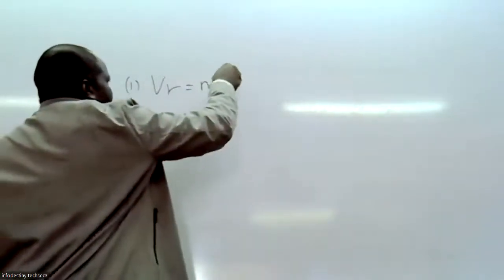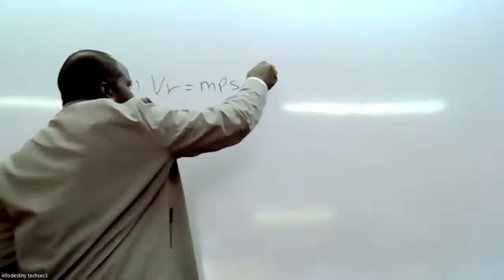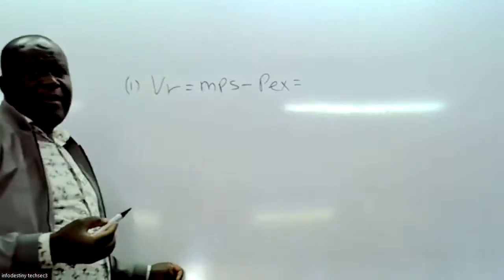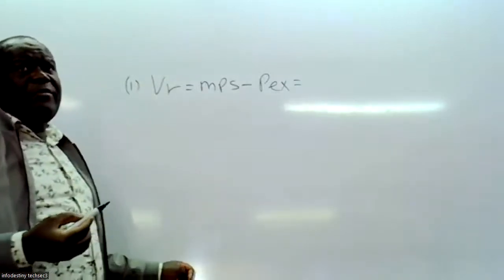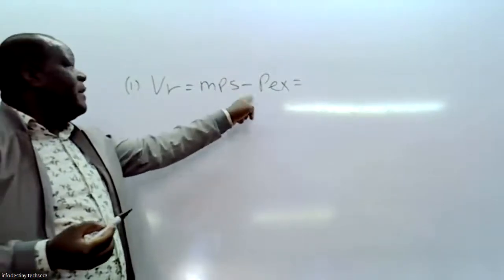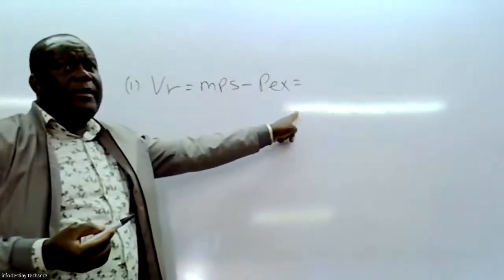Value of the right is supposed to be given by market price per share minus the theoretical ex-rights price. Value of the right will be equal to market price per share minus the theoretical ex-rights price.